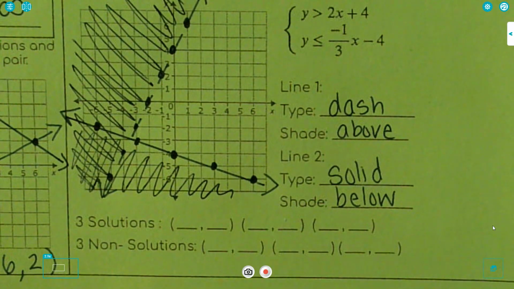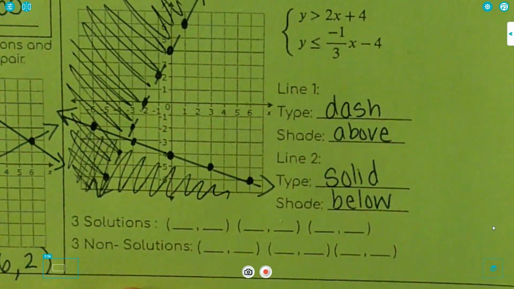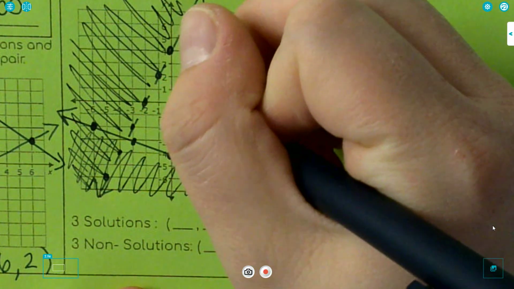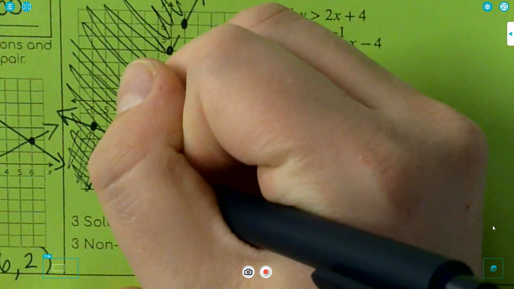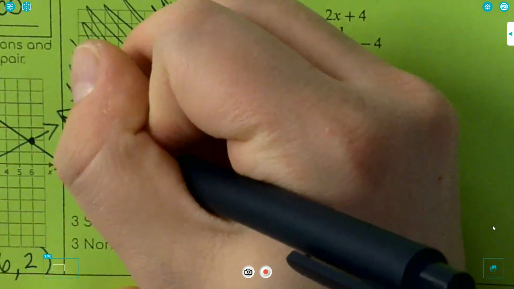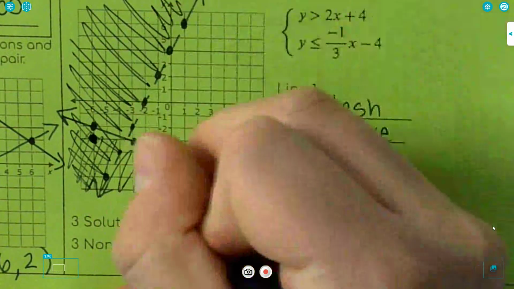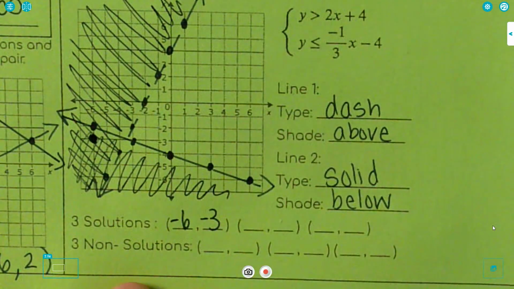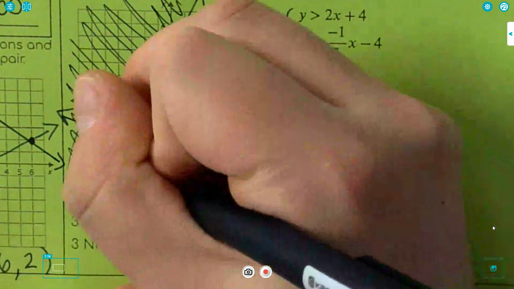Okay, what is an example of a solution? Negative what? I can't hear you. Negative 3, negative 6 is only in a single shaded area. Do you mean negative 6, negative 3? Okay. Negative 6, negative 3 is a solution. We could do negative 5, negative 4.